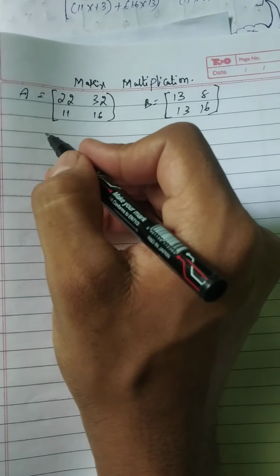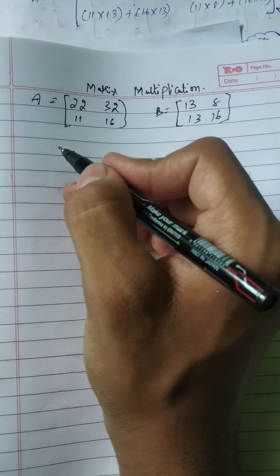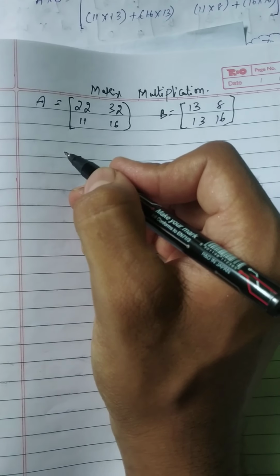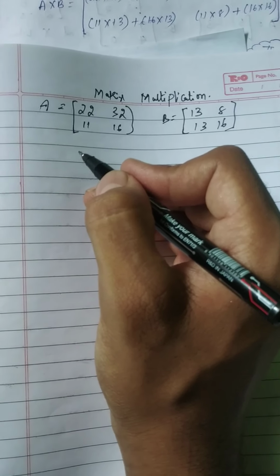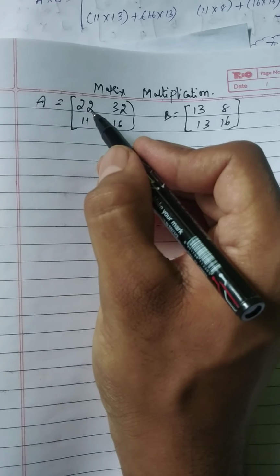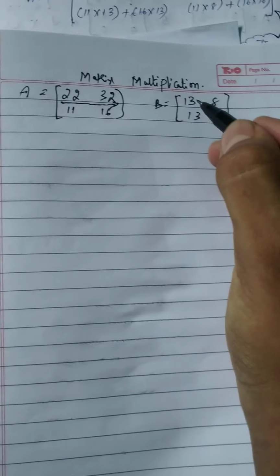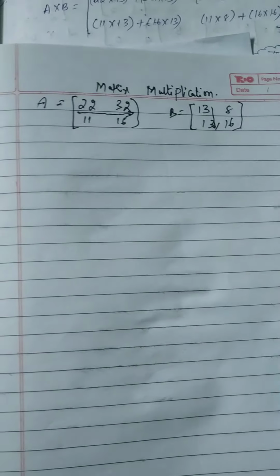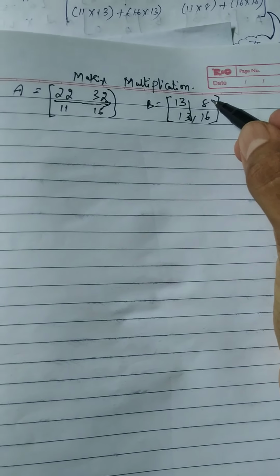So what is the rule of matrix multiplication? As I told you, you are supposed to multiply the corresponding rows with the corresponding columns, and then it has to be added. And how will that work? You're supposed to multiply the first row with the first column, and then again the same first row with the second column.